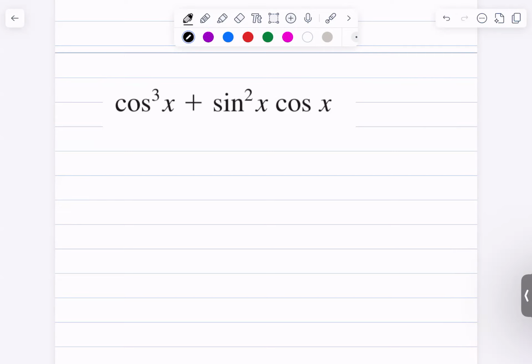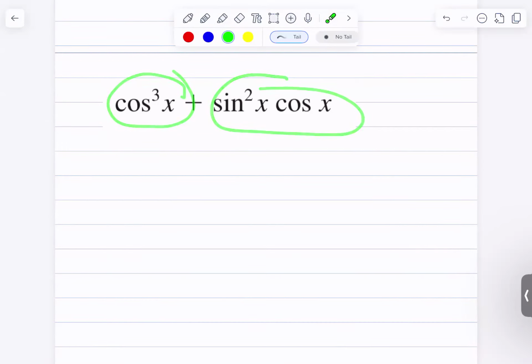Cosine. Yeah. There's two terms here, class. This one and this one, right? Terms are separated by a plus or a minus. Okay? So since there's a plus here, this is my first term, this is my second term. Okay?